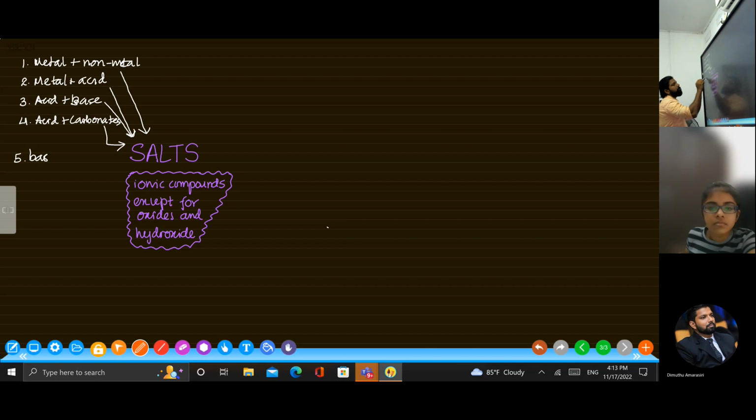Even a normal base plus ammonium salt gives you salts. There are more reactions: acids plus sulfides, acids plus hydrogen carbonates.